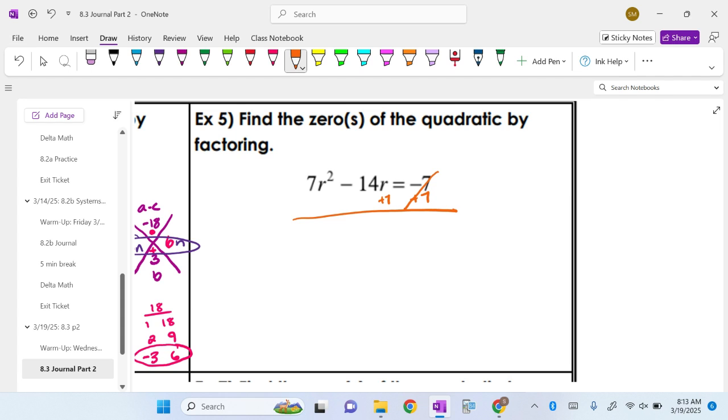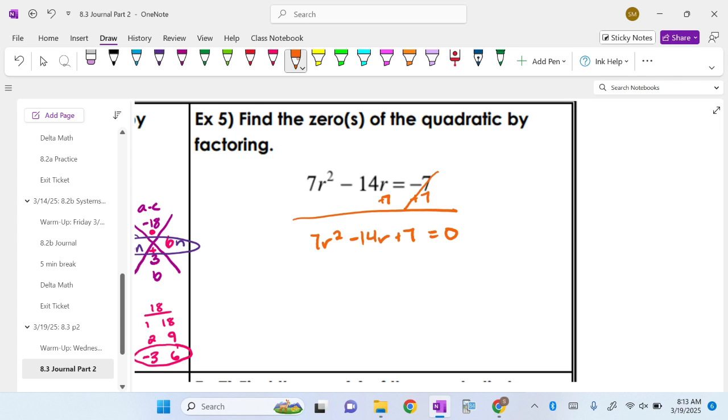Since there's no constant to add the 7 to, I'm going to assume that it doesn't combine any like terms. So we're just going to write it out as 7r squared minus 14r plus 7 equals 0. Is 7 a like term to 7r squared?